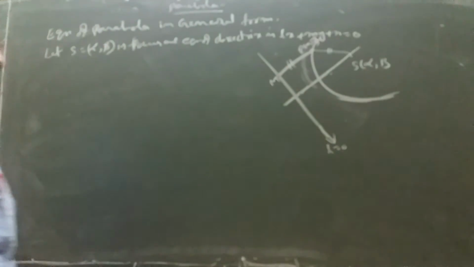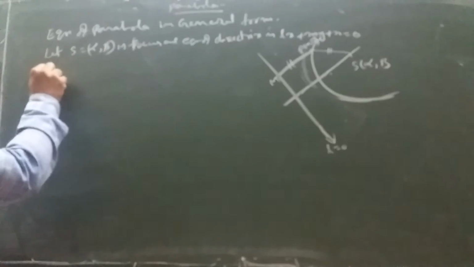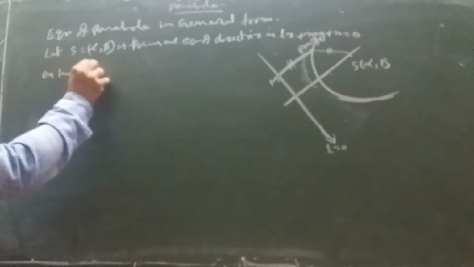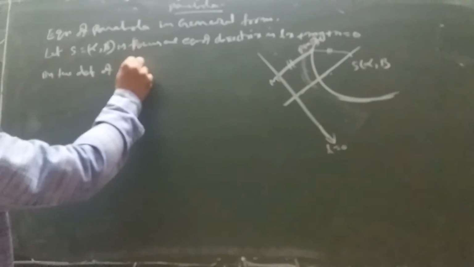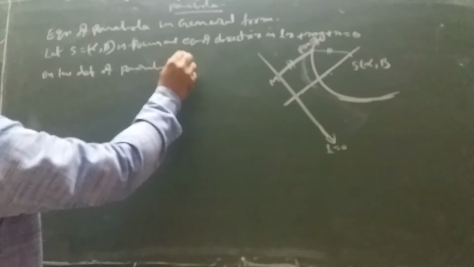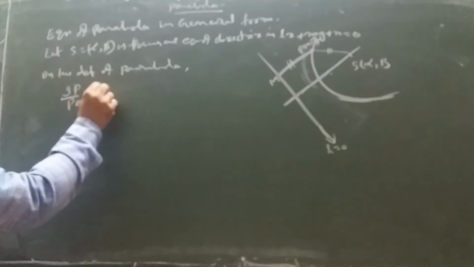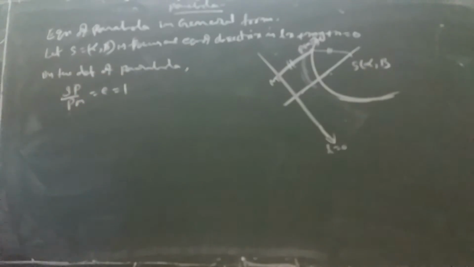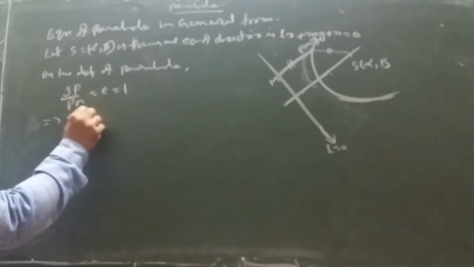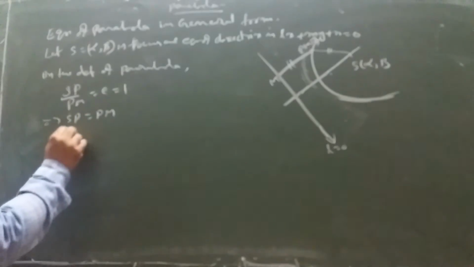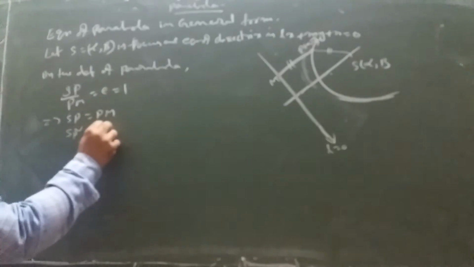SP by PM. By the definition of parabola, SP by PM is equal to e, which is 1. That implies SP = PM, so SP square = PM square.